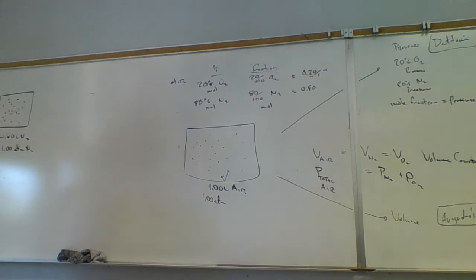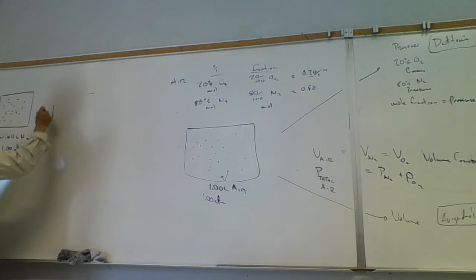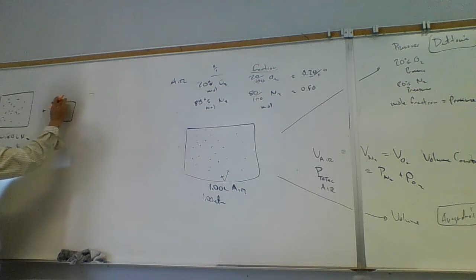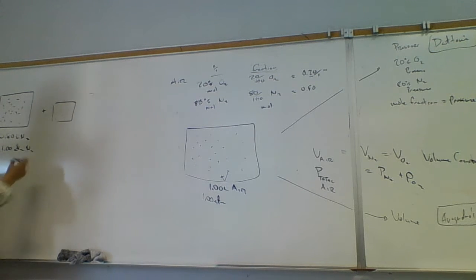For oxygen, I have so few oxygen molecules that I have to really squeeze down the box to generate that kind of pressure. So the box for oxygen, to generate the same kind of pressure, is going to be 0.20 liters of oxygen. But I'm going to have 1.00 atmospheres.